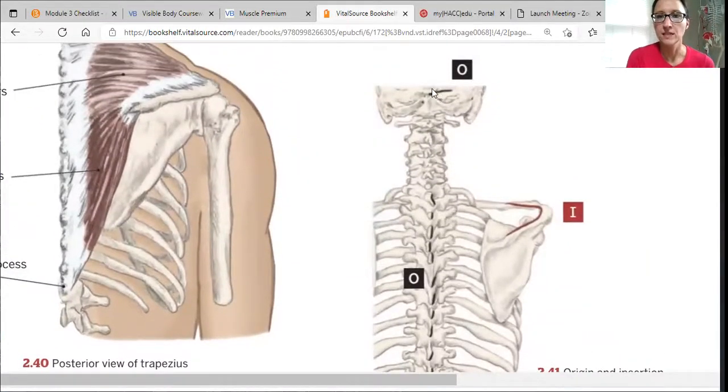Okay, so right here, this little thing right there is the EOP. Okay, right there, external occipital protuberance, that little thingy.